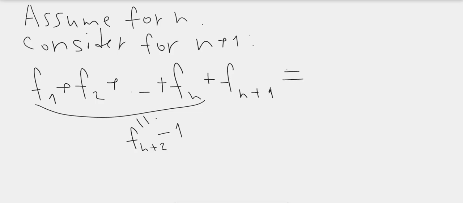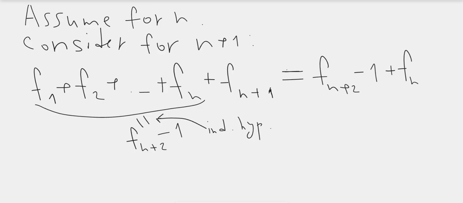So this whole sum is equal to f_{n+2} minus 1 plus f_{n+1}. The last term we just rewrite as is.